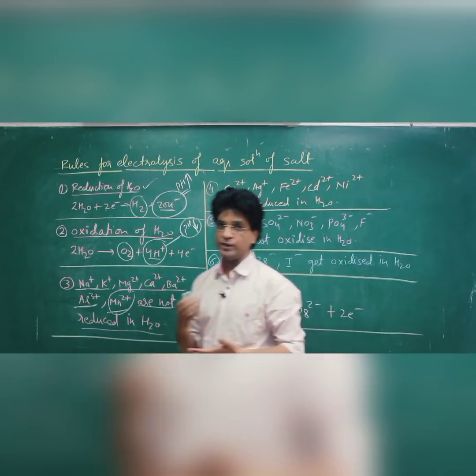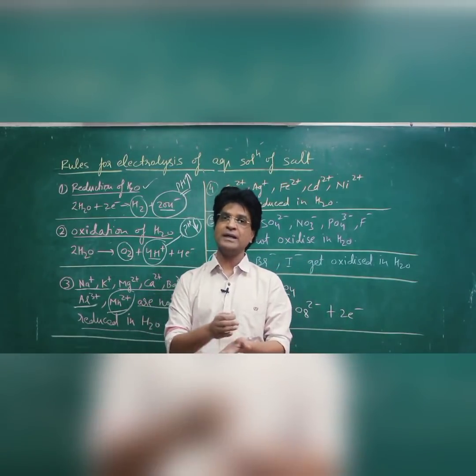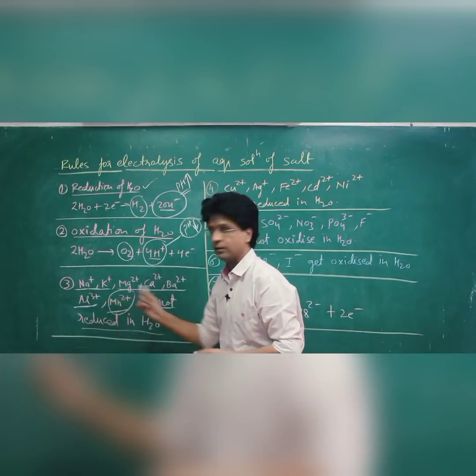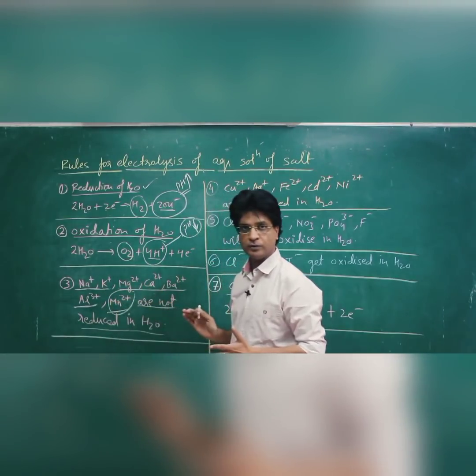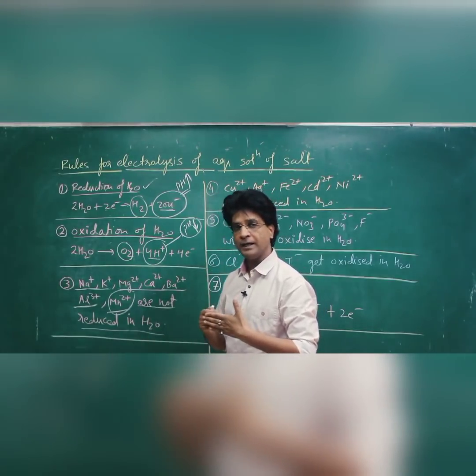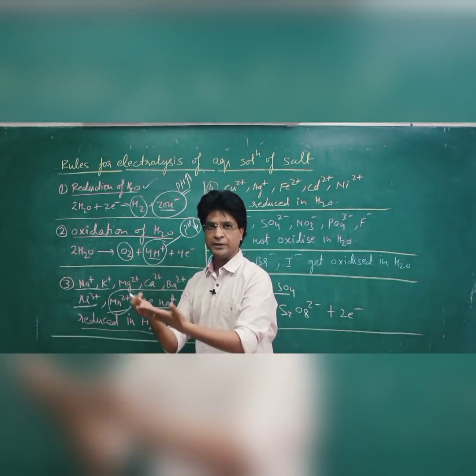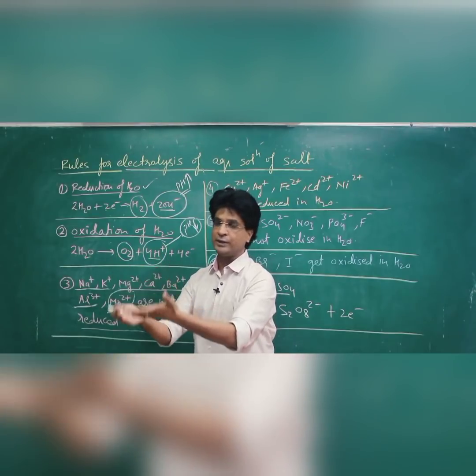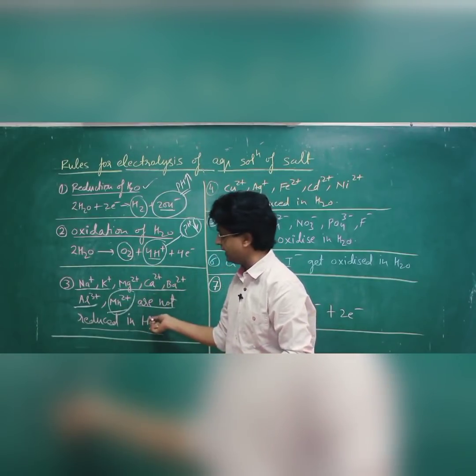Whenever there is a competition over who will get reduced, they will lose the battle. They will not accept electrons. They are very strong metallic in nature. Metals are known by the ability to donate electrons, so they will rather donate electrons and not accept electrons, so they will not get reduced.